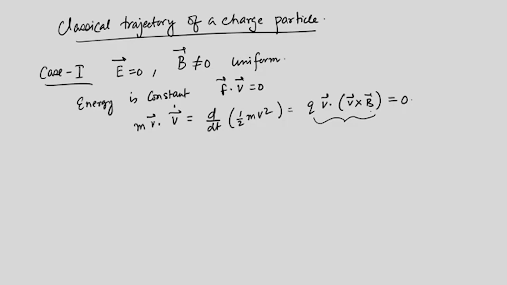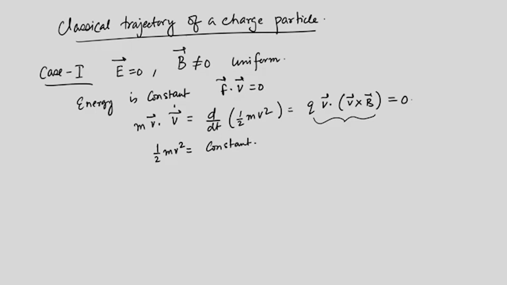So, V dot (V cross B) equals 0. The reason is simple: V cross B is a vector perpendicular to both V and B, so if you take a dot product with V, it will give you 0. That is why d/dt of half m v square equals 0, which means half m v square is a constant. This is what we mean by the energy being a constant. That is the only energy that is left in the problem.